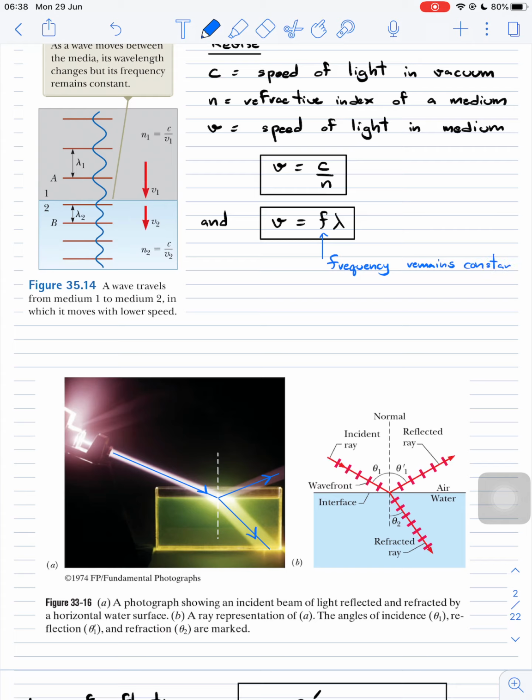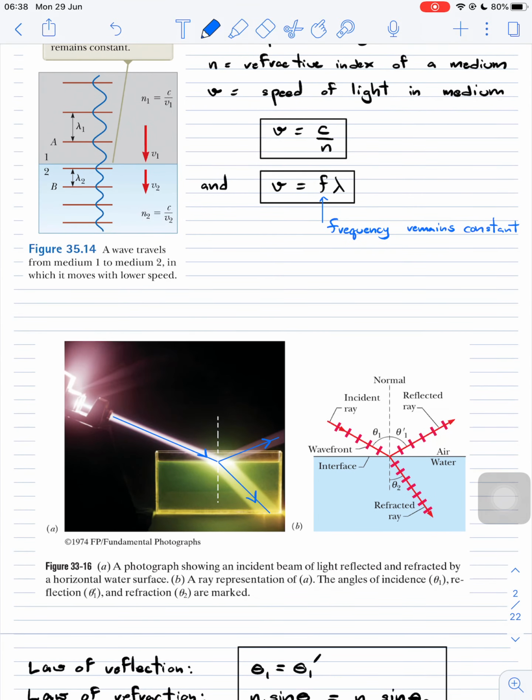The frequency remains constant. Why? Because frequency always depends on the source only. It's only related to the source.